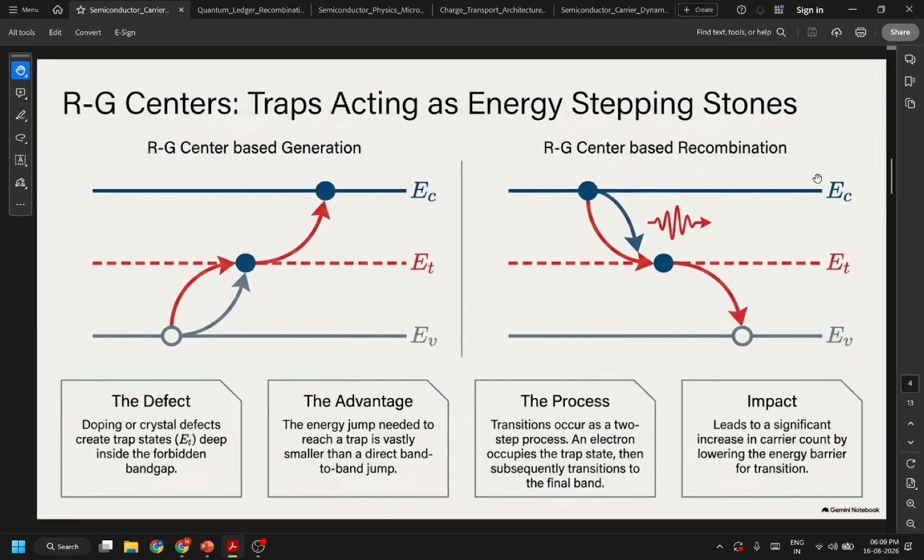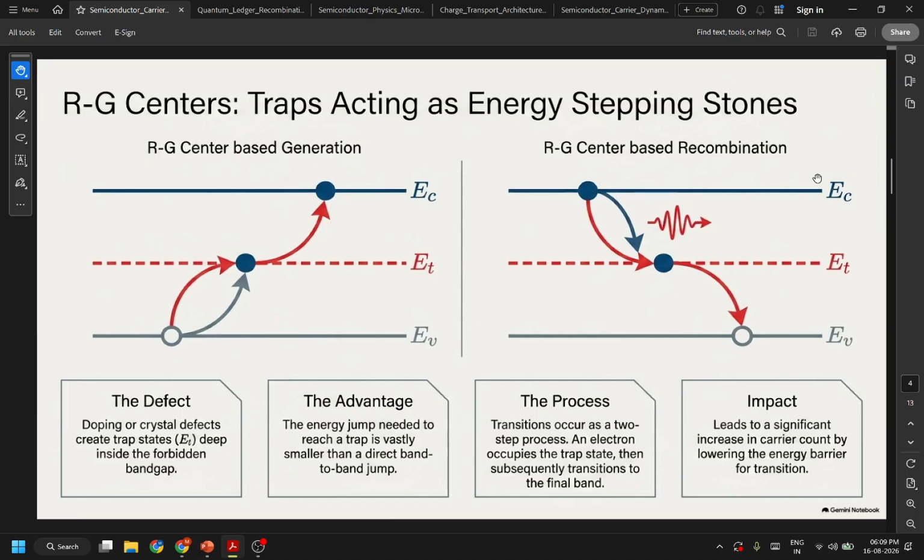Then there can be intermediate states, which are called traps, and they are called RG centers. They act as stepping stones. Traps are defects. So doping or crystal defects create trap states, ET, deep inside the forbidden band gap.